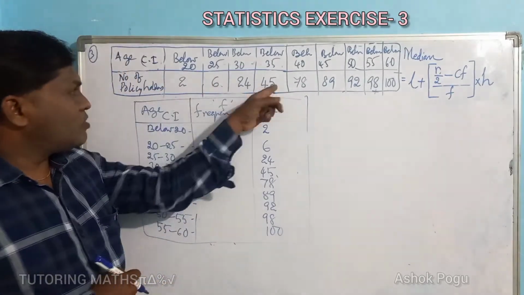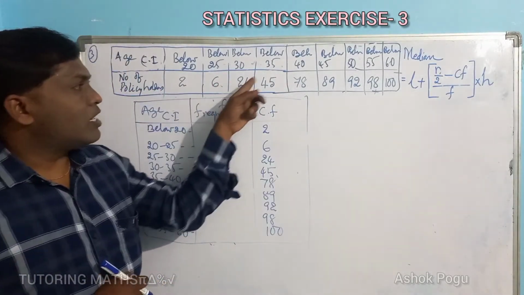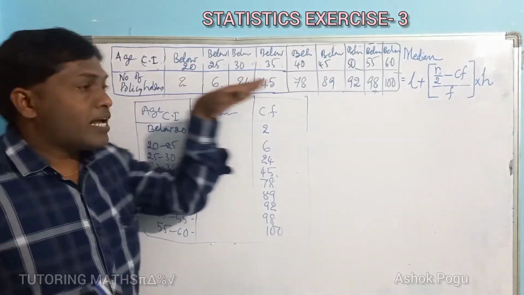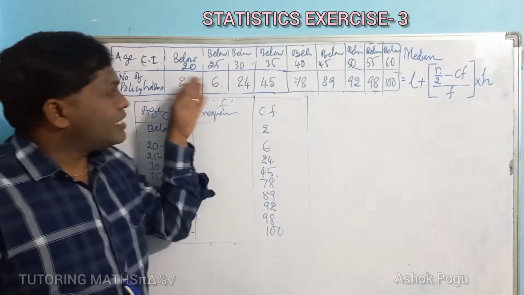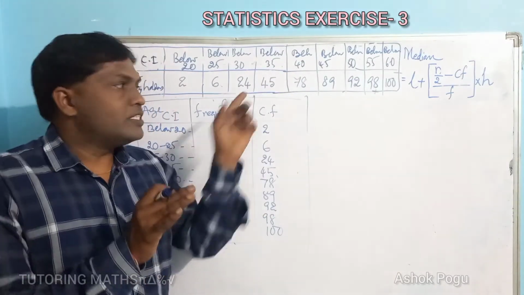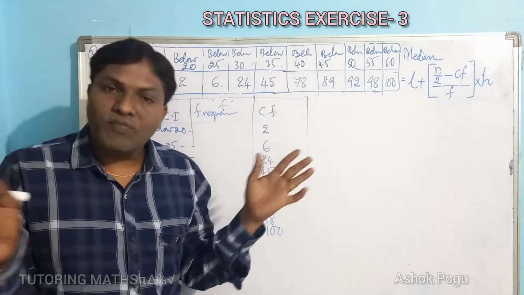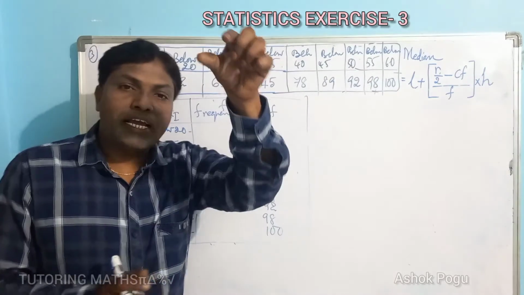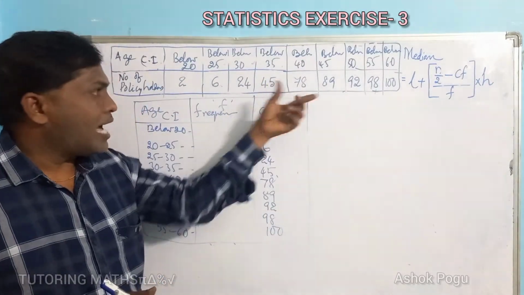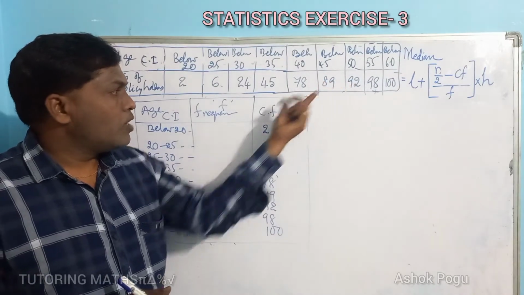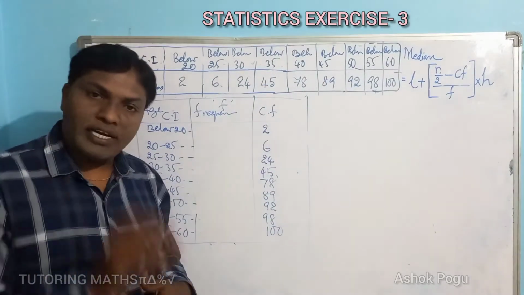But observe these values 2, 6, 24, 45, 78. These are arranged in ascending order of magnitude, small to big. So this is not a frequency. This should be considered as cumulative frequencies. That's why I have taken this row in the third column, which is called the cumulative frequency.